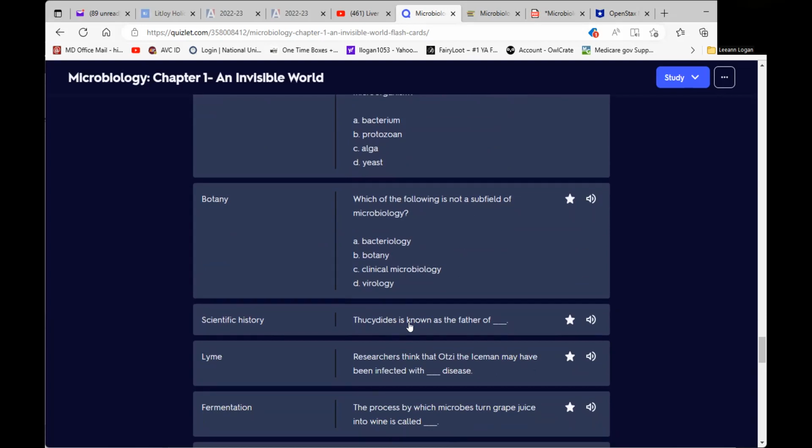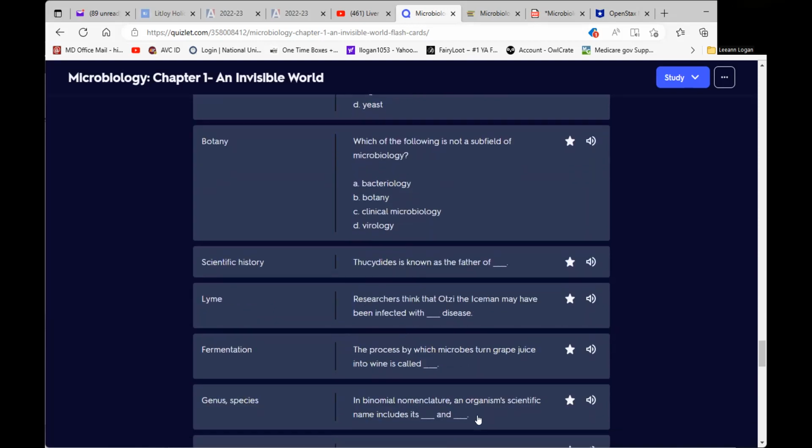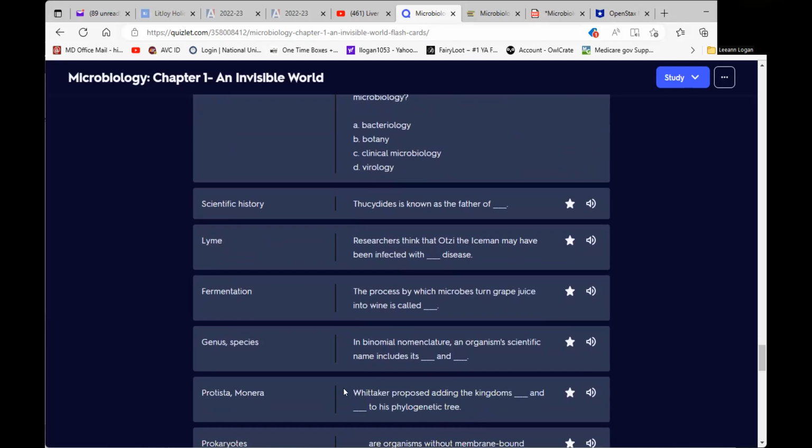Thucydides is known as the father of scientific history. Researchers think that Ötzi, the Iceman, may have been infected with Lyme disease. The process by which microbes turn grapes into wine is called fermentation. In binomial nomenclature, the organism's scientific name includes its genus and its species.